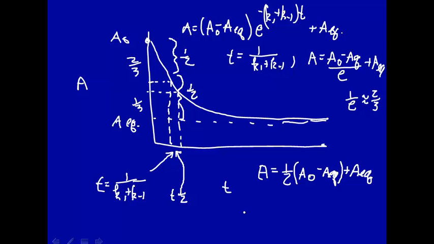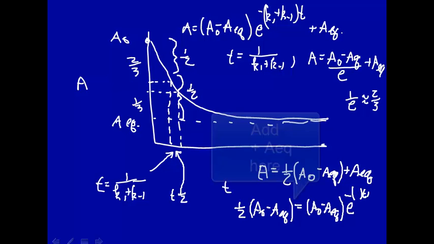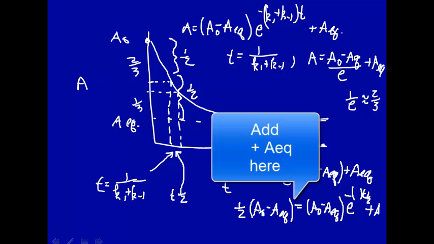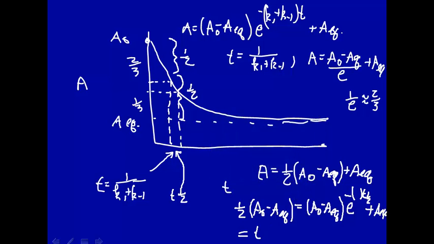So that means what happens if you have 1/2 (A0 minus AEQ) is equal to (A0 minus AEQ) e to the minus sum of the rate constants times T 1/2, we'll call that half time, plus AEQ. This implies that the half time, T 1/2, is equal to the natural log of 2, you can work this out, divided by the sum of the rate constants K1 plus K minus 1.